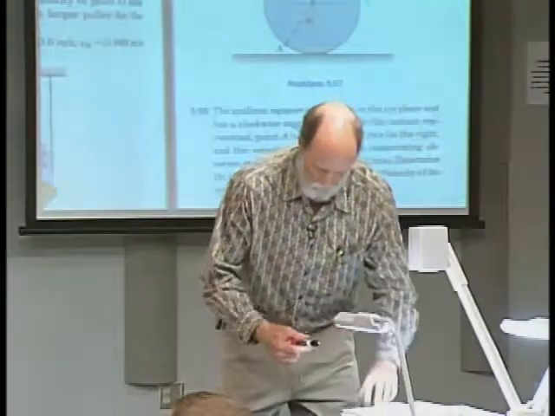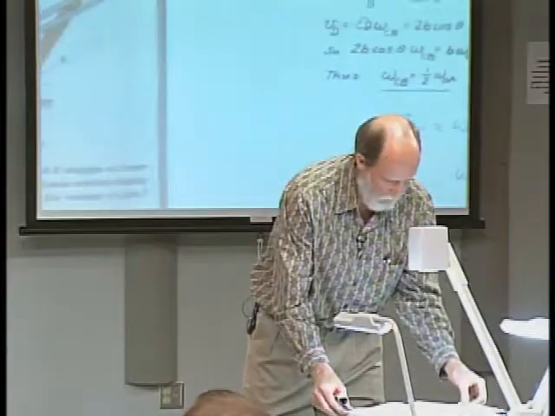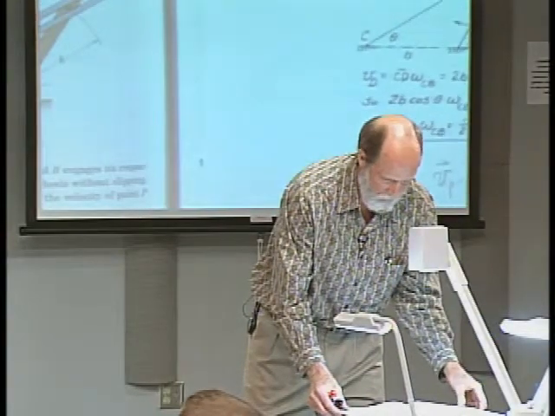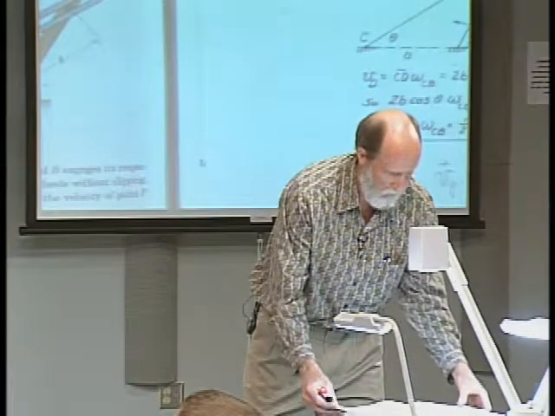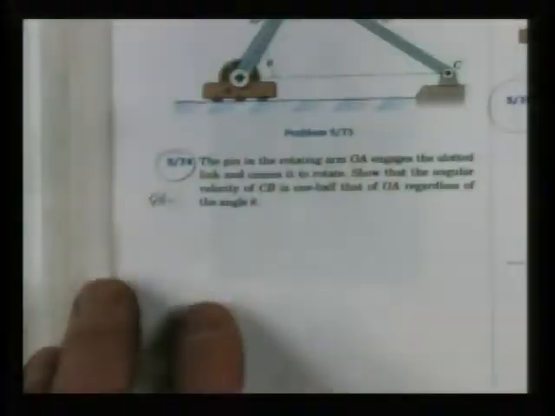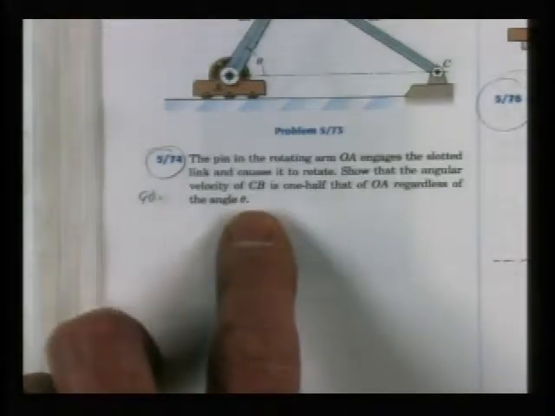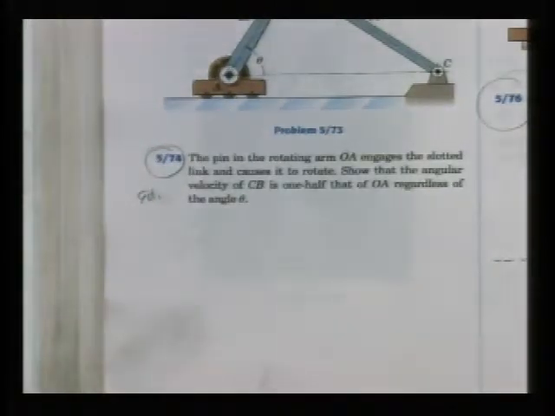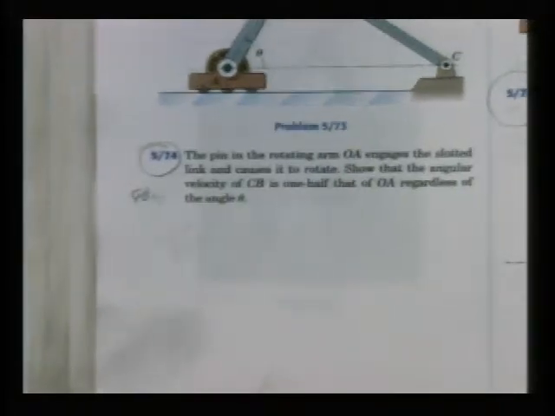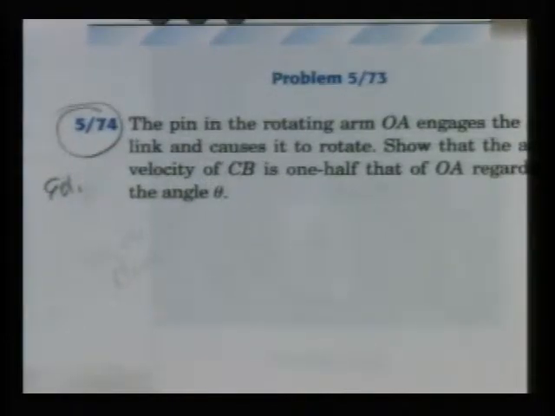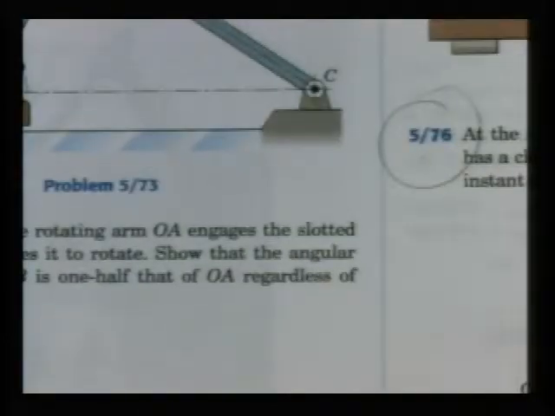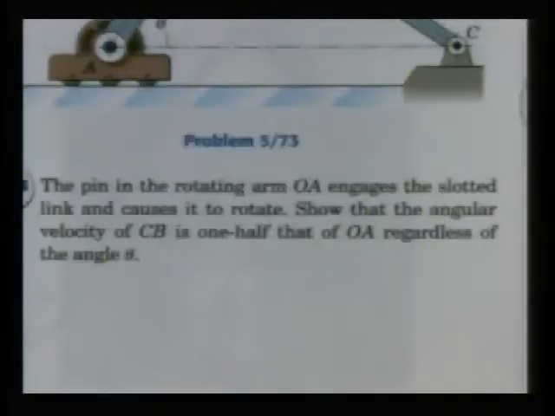Let's stick with this topic for a minute, and let's investigate a problem like number 74. Once again, they split the discussion here from the picture. So here we have, I'm sorry, get this so we can read it.